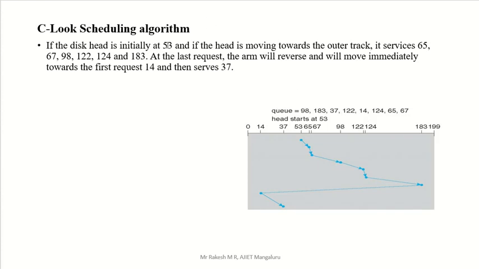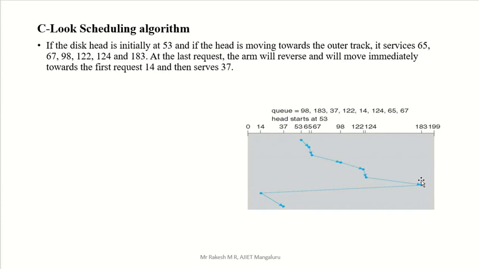C-LOOK algorithm is also the same, but the difference between C-LOOK and C-SCAN is that here we are just moving to 183 and stopping at 183, but in C-SCAN we go till 199. Then you reverse your phase directly, coming to the beginning end, 0. Again we start our service, but in this case we start with 53, moving to 183.